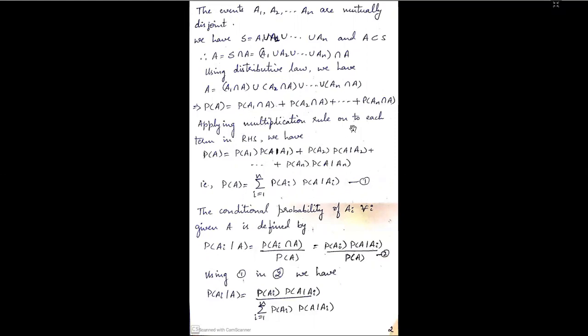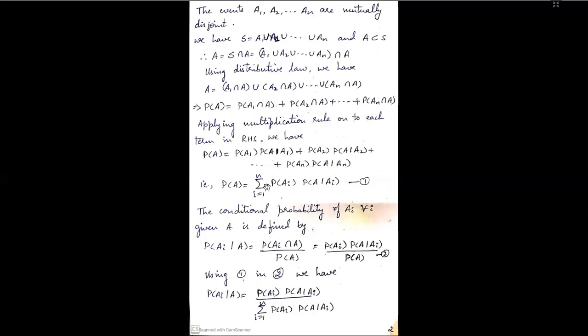Applying the multiplication rule onto each term in the RHS, which I already told you, probability of A is equal to probability of A1 into probability of A given A1, plus probability of A2 into probability of A given A2, and so on, plus probability of AN into probability of A given AN.